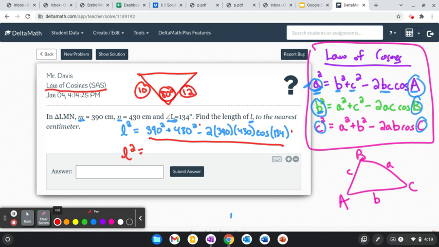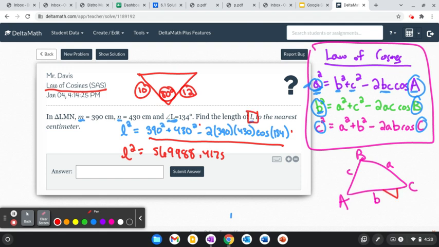So 390 squared plus 430 squared minus 2 parenthesis 390 close parenthesis, another parenthesis 430 close your parenthesis, cosine 134. Type it in just like that, close your parenthesis on that cosine and hit enter. And you're going to get some massive number here, 5699888.4175. And that's equivalent to L squared. Now we're not asked to find just L squared, we're asked to find L.